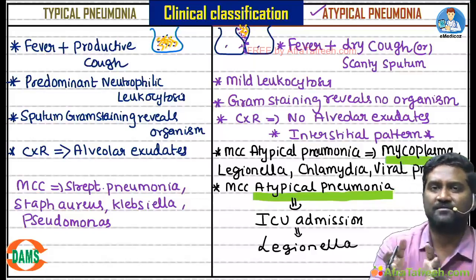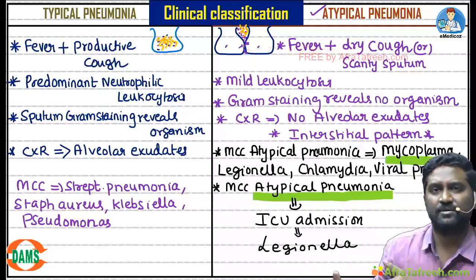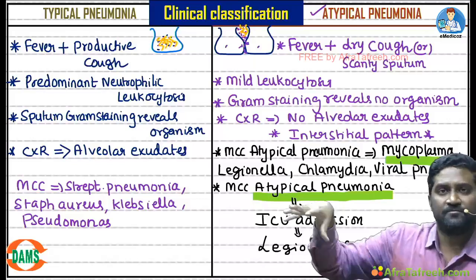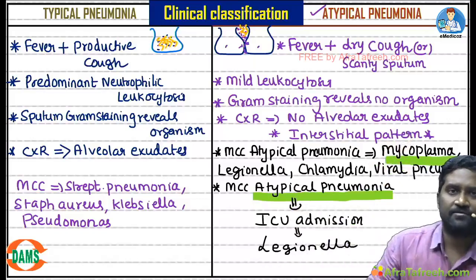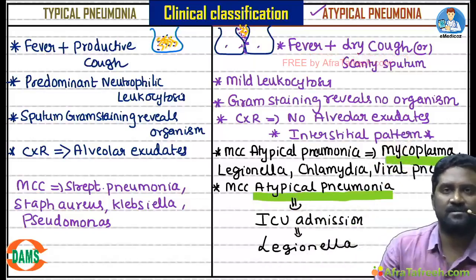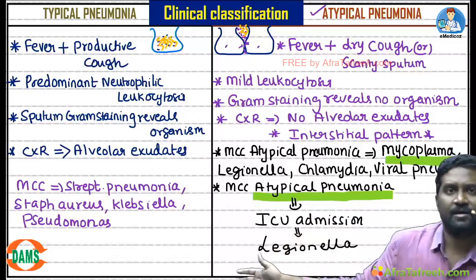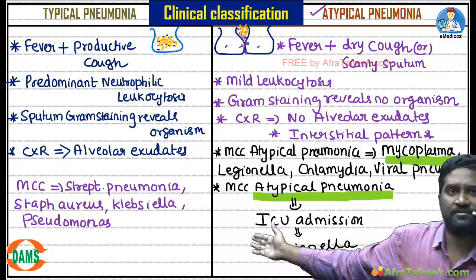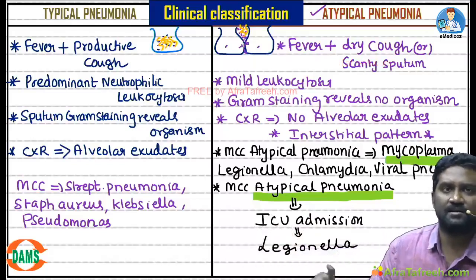But for the past 1.5 years, atypical pneumonia resulting in ICU admission has been COVID. But if you see for decades together, it was Legionella. So most probably that may not change. So most common cause of atypical pneumonia resulting in ICU admission is Legionella.